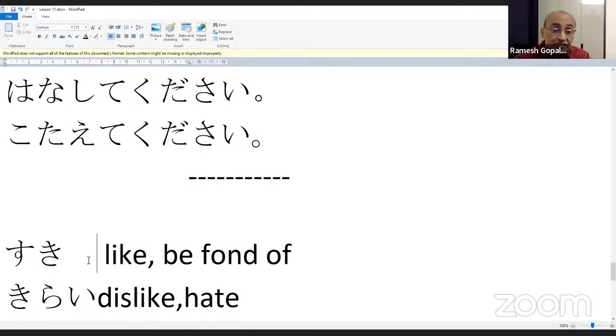Then there are these words. Suki. It's an adjective. It means to like, to be fond of. Suki is like. That's why you say dai suki, which means like very much.